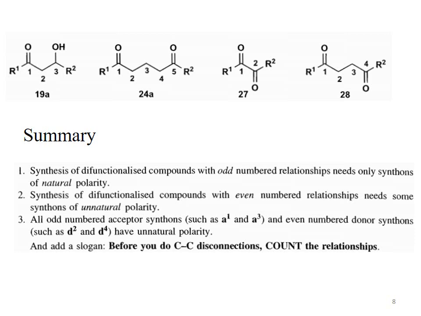So that's a very important thing. Before disconnecting a carbon-carbon bond, we must check the relationship between two functional groups. We have to check whether it is an even numbered relationship between the two functional groups, or an odd numbered relationship.